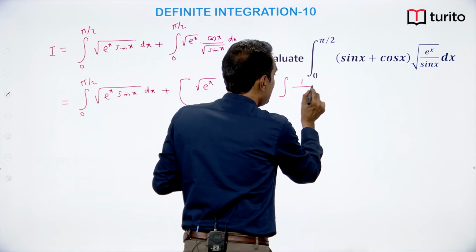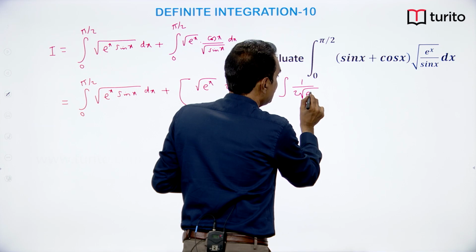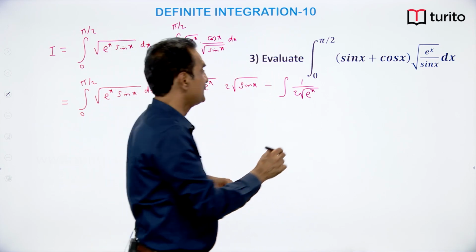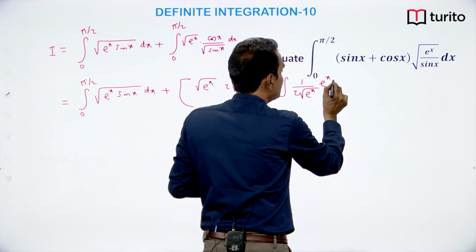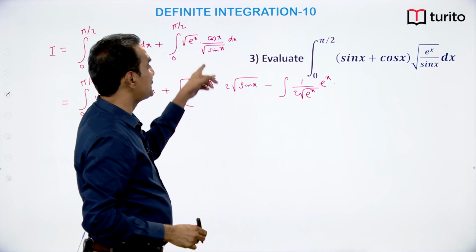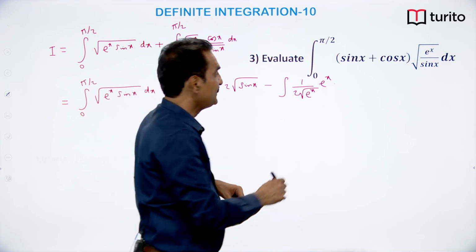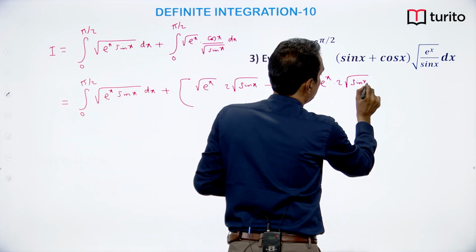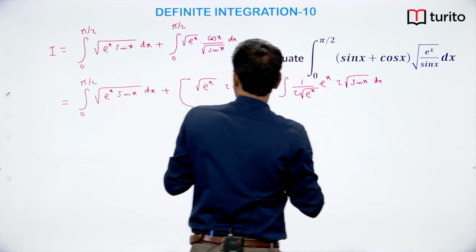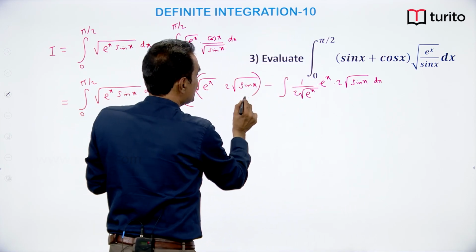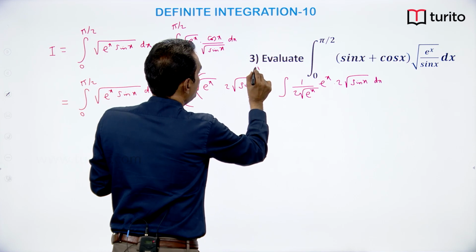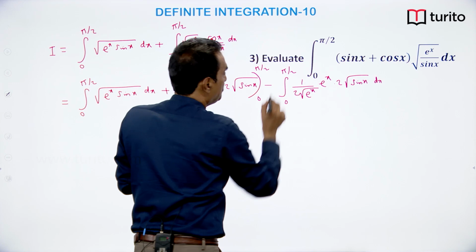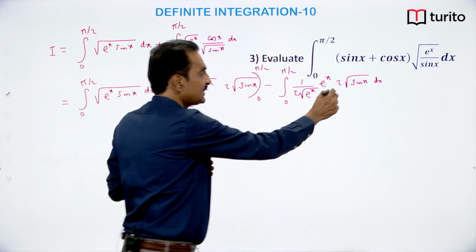So, you will write 1 by 2 root e power x and then multiply by the derivative of e power x, that is e power x, into integral of the second function, that is 2 root sin x dx. Now, here we have to take limits 0 to pi by 2, here also 0 to pi by 2, bracket close.